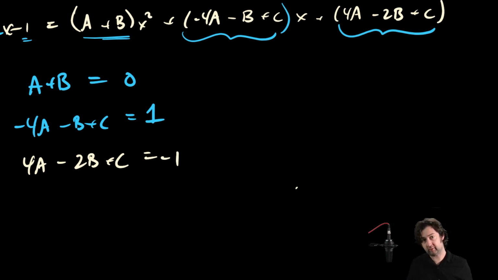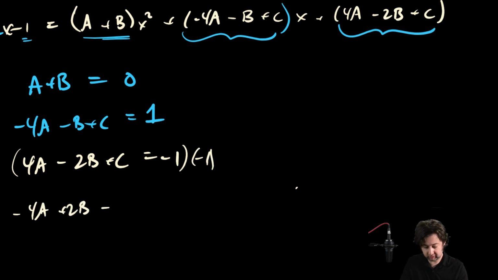And here we have a system of equations that we can break down. If you don't remember how these tend to go, I'm going to walk through this example of solving a system. We're going to combine the second two equations together in a way that eliminates the c, because that will leave us with an equation in just a and b. If I multiply this equation through by negative 1, what I get is minus 4a plus 2b minus c is equal to 1.